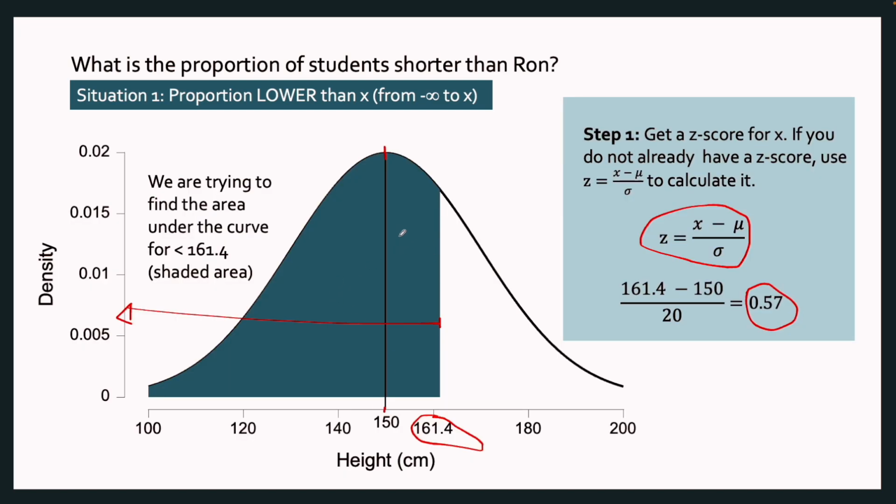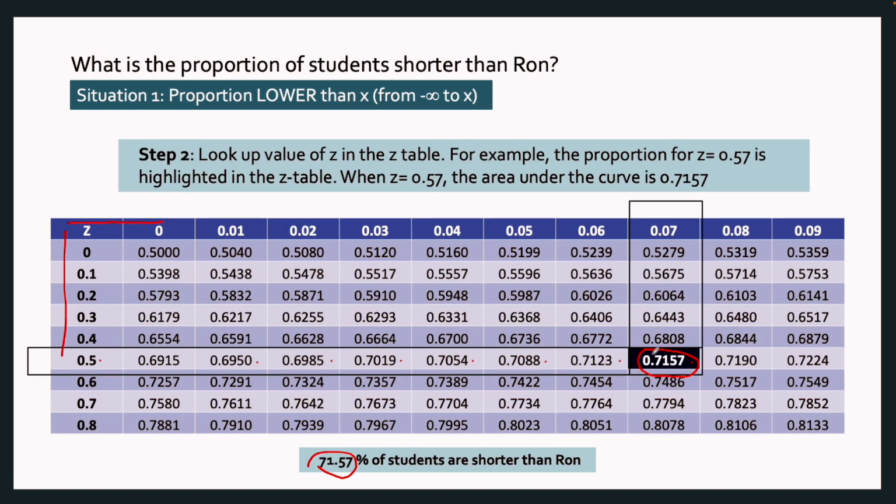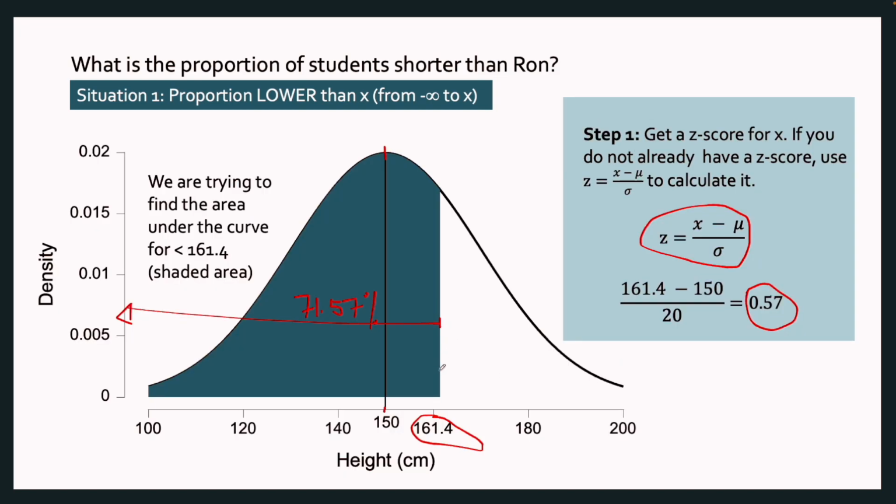So meaning to say this entire area is 71.57%. So please remember that whatever values you get from the z table, it will always show you the value from the point of interest all the way to the left. Okay, this is the left side.